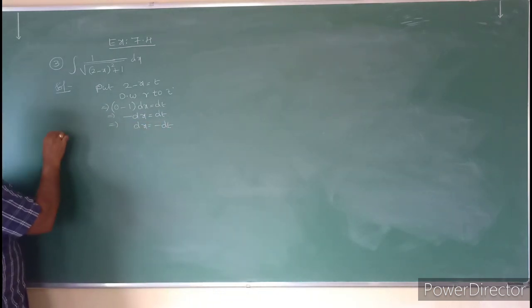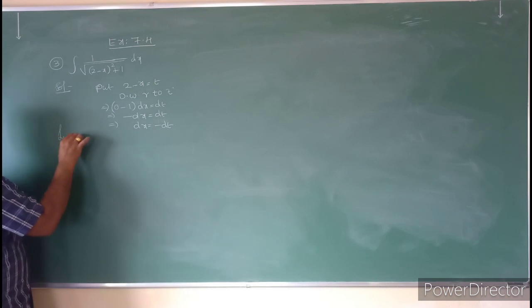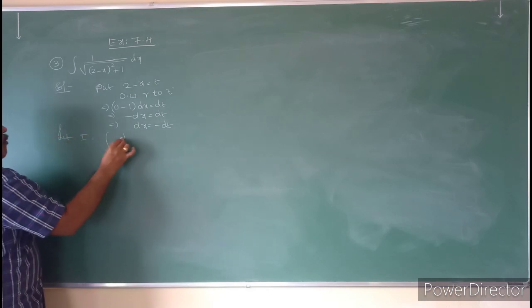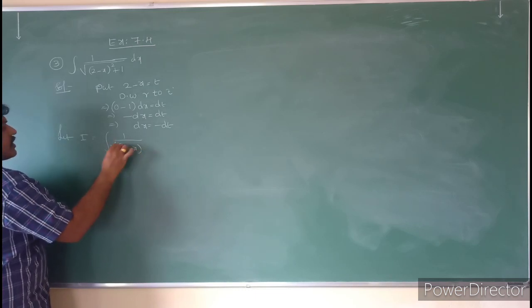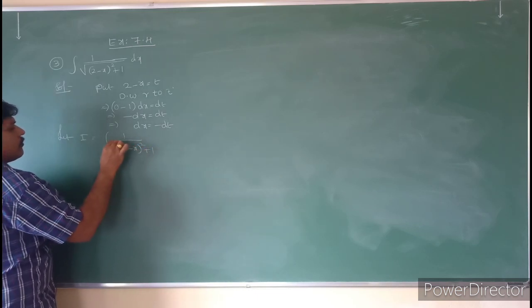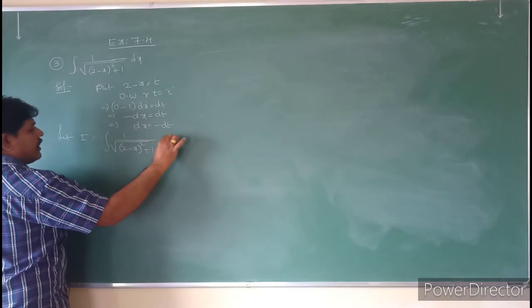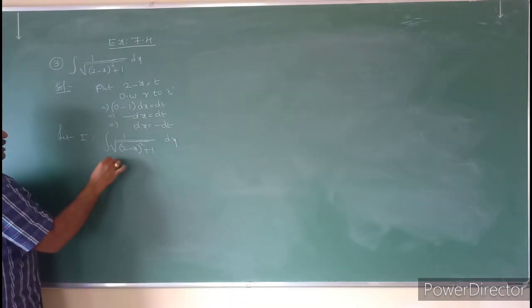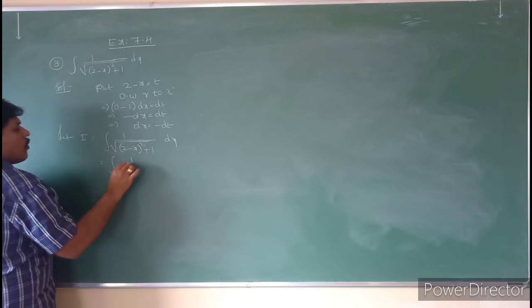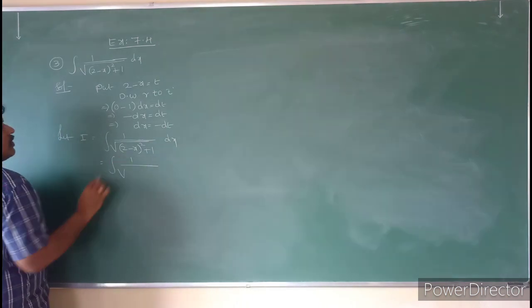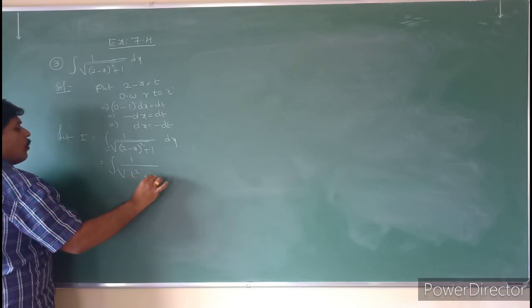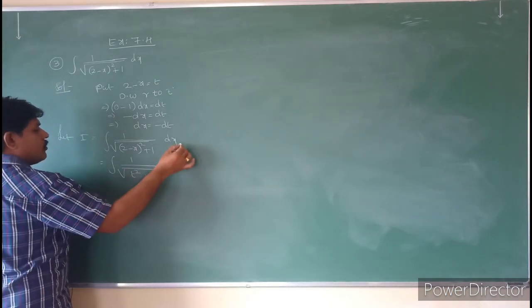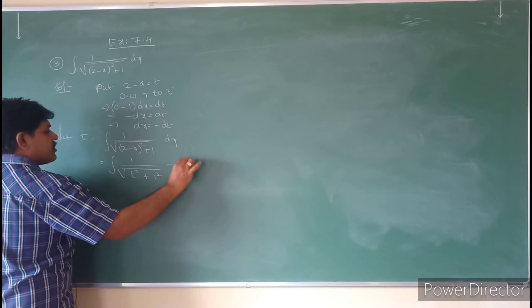So what is the problem? Let I is equal to integral of 1 by root of 2 minus x whole square plus 1 into dx. So this is integral of 1 by root of this value. What is this value? This value is nothing but t square plus 1 square, into dx value. The dx value is minus dt.